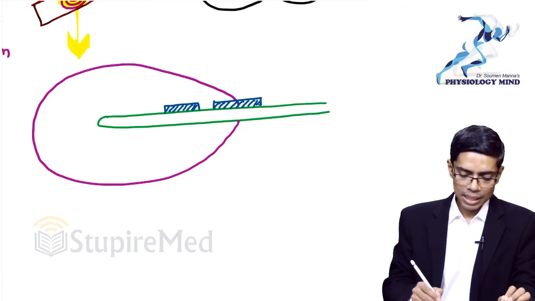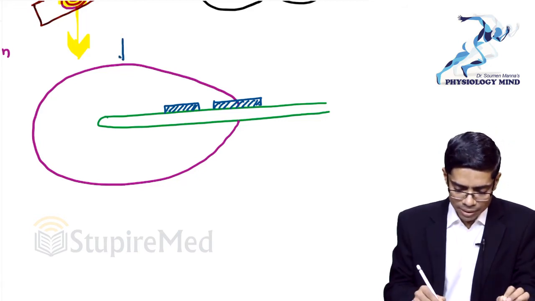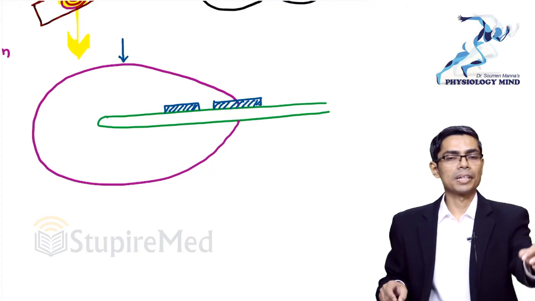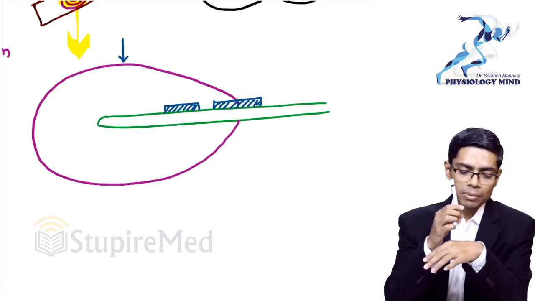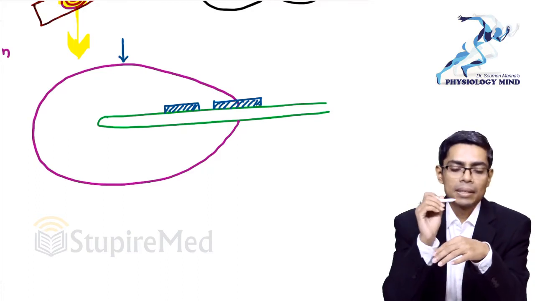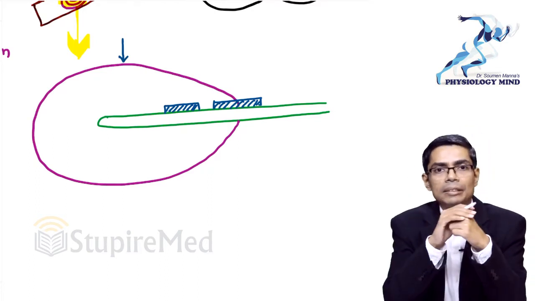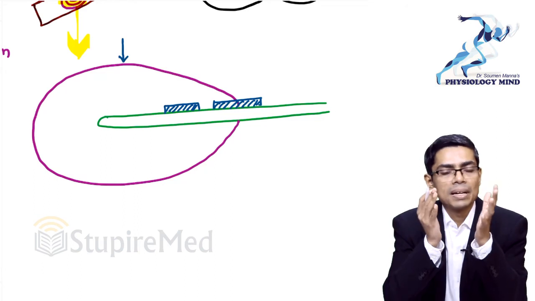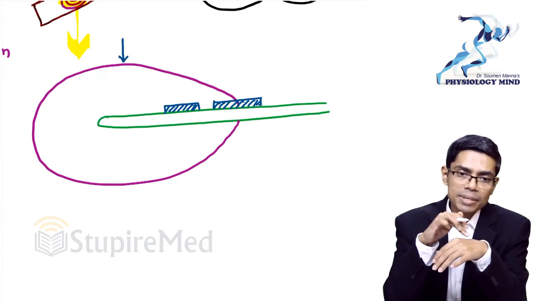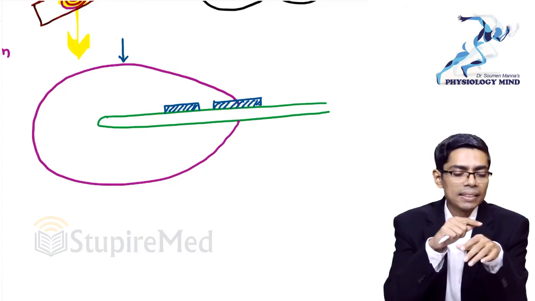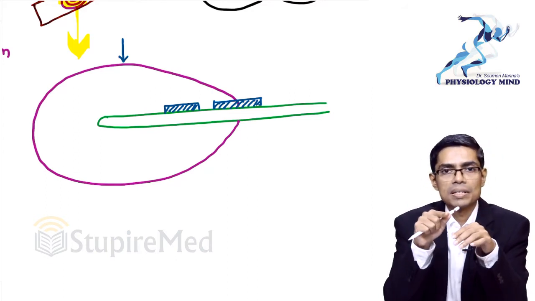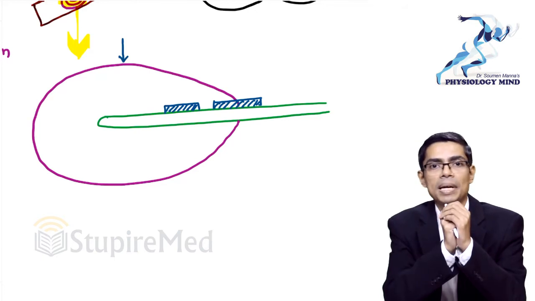Now whenever you give one stimulus over the skin, suppose I am giving this touch sensation, what will happen? There will be indentation of the skin, maybe small, maybe large, and that indentation will also cause indentation over the Pacinian corpuscle.